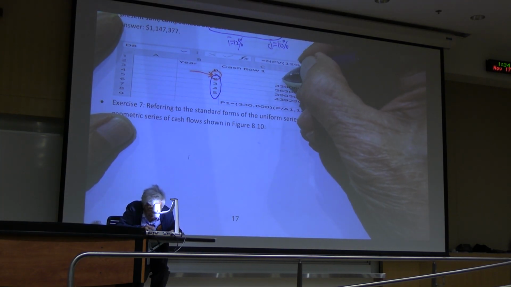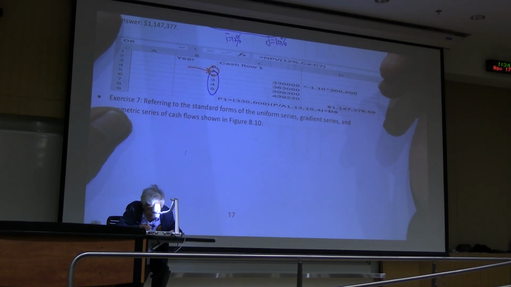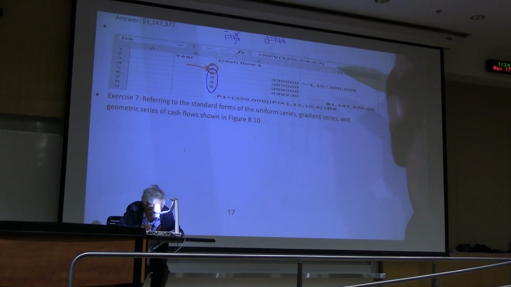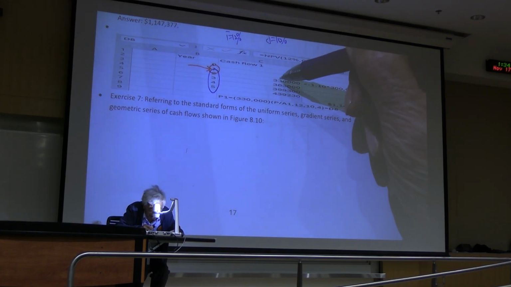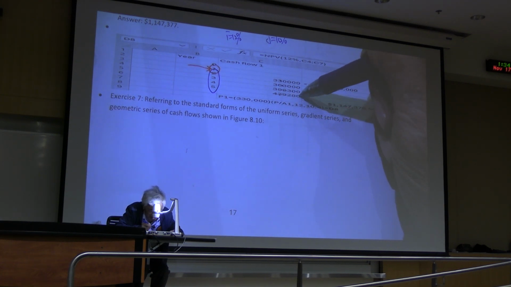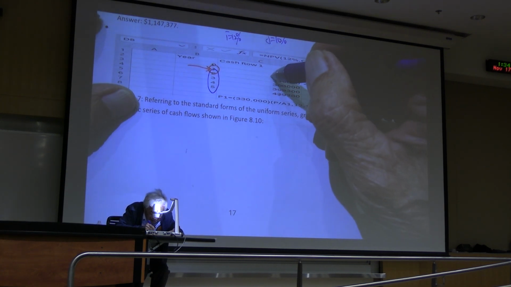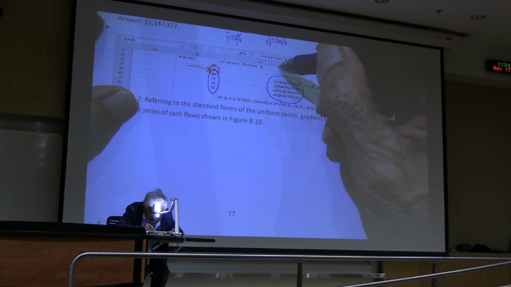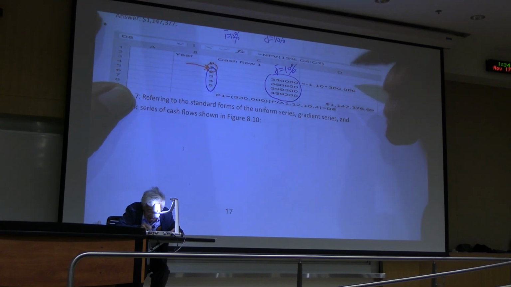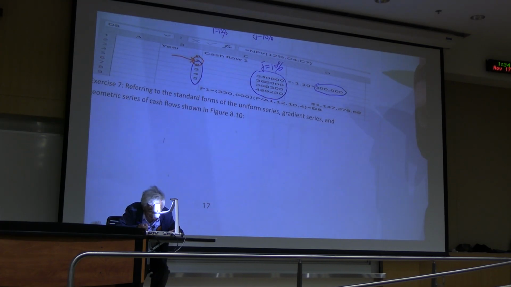You have $300,000. His contract increases by 10%, so 330,000, 363,000, 399,300, 439,230. That includes j equals 10%, starting at 300,000.